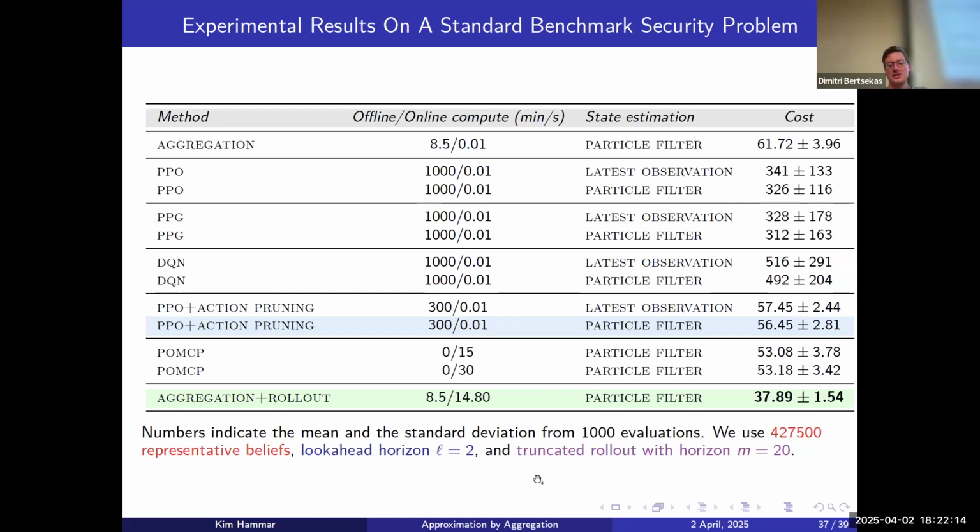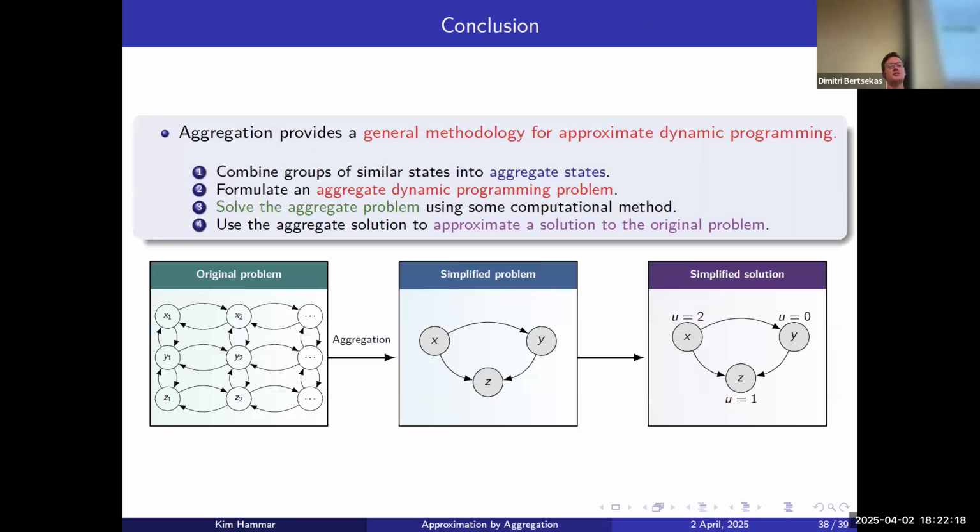Okay, if there are no other questions, then I will conclude this lecture by saying that aggregation is a general offline methodology for approximating dynamic programming problems. And it basically consists of 4 main steps. First, you aggregate your original states. You group your states into a smaller set of aggregate states.